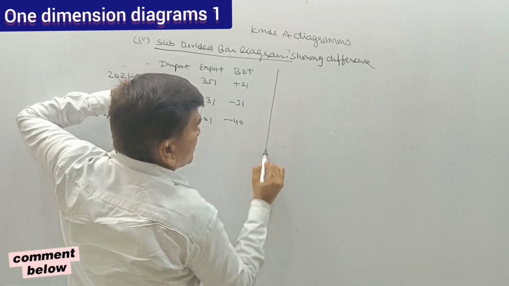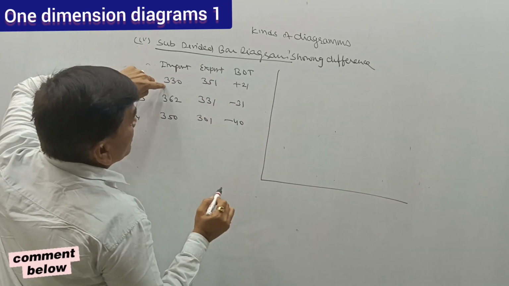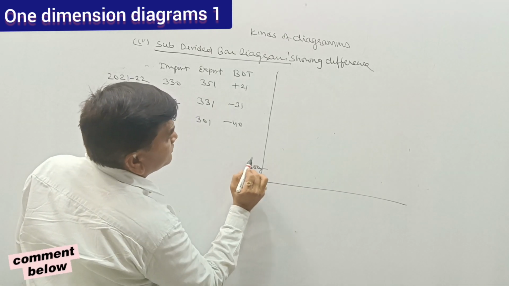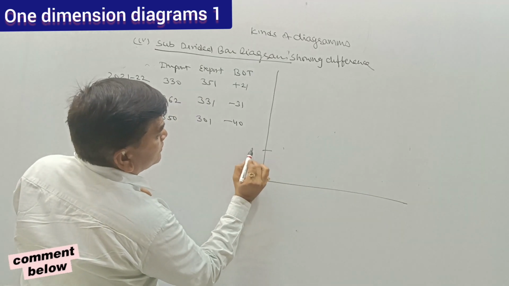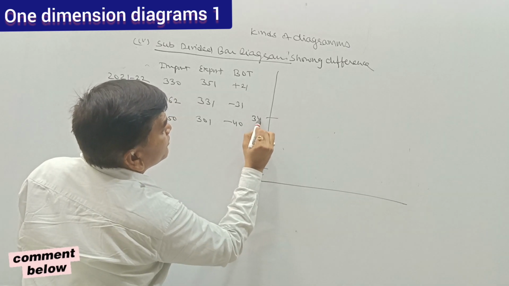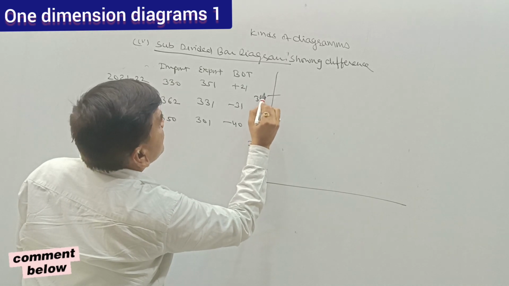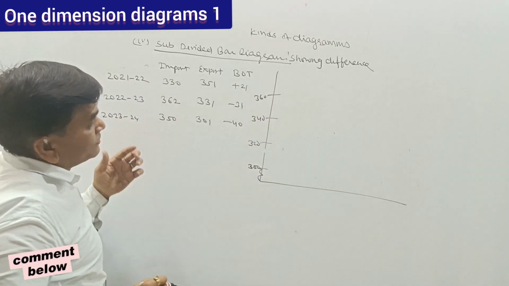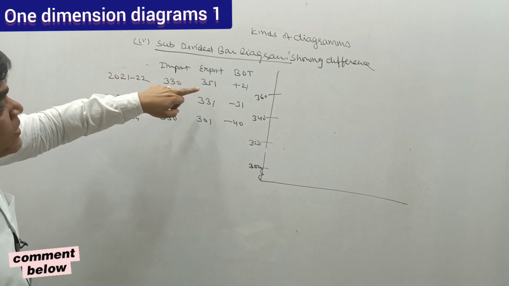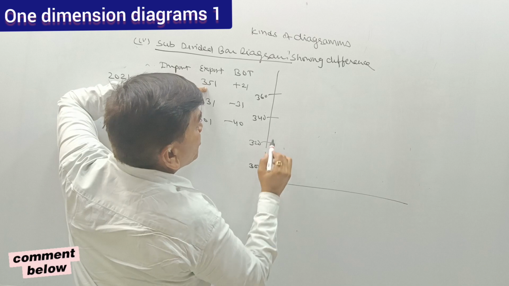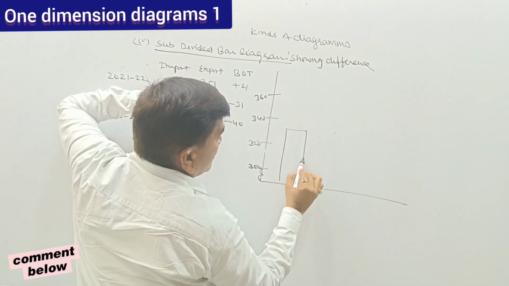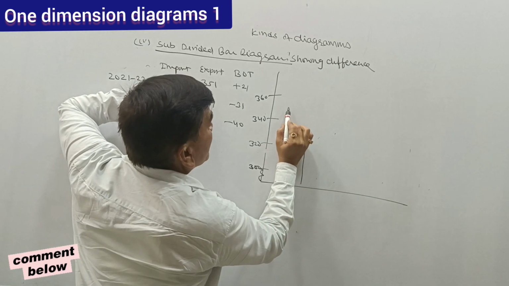Maximum is 3 starting with 300, 320, 340, 360, etc. Here import is 330 and export is 351. So import is 330 and export is 351.